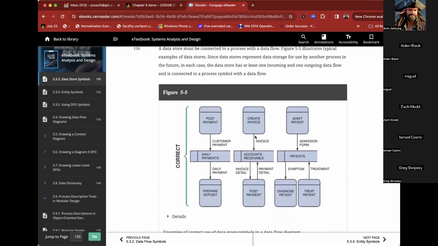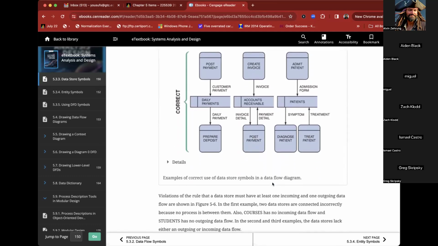Another example could be one process feeds into the data store, but another process can take data in from a data store and feed something back to the data store. Another example could be several processes are hooked up to a data store. Some are putting data in and one is getting data out. So these are all okay, perfectly fine ways of using a data store.